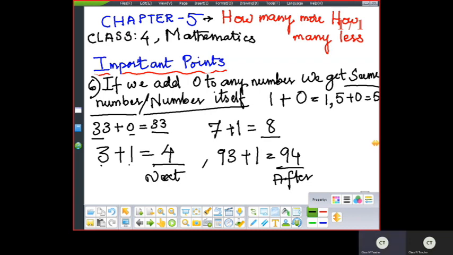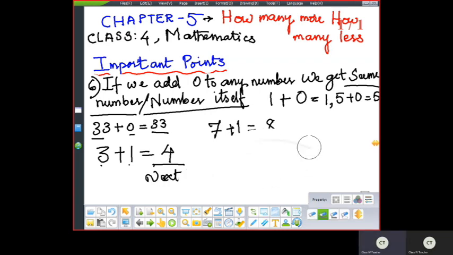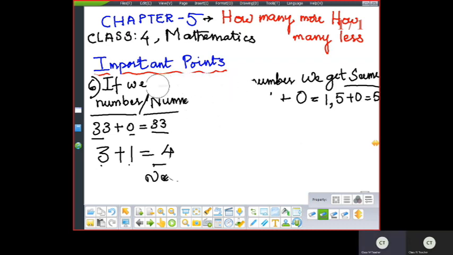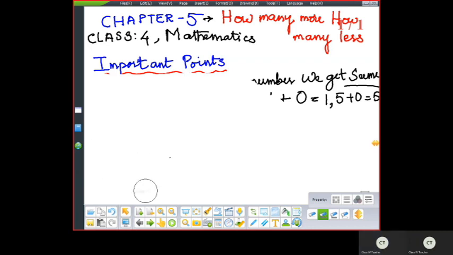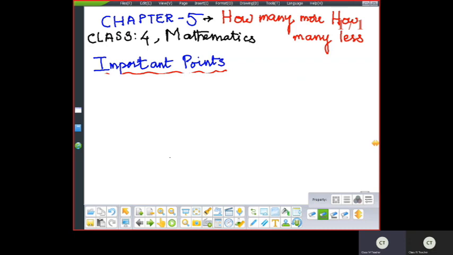Okay. Some more properties. Let me explain you, children, of this one. So addition part, this is over. Now what is the next property of addition here? Order property. What is called order property, children? Can anybody say? It is nothing but when you add the numbers, the sum of the numbers.